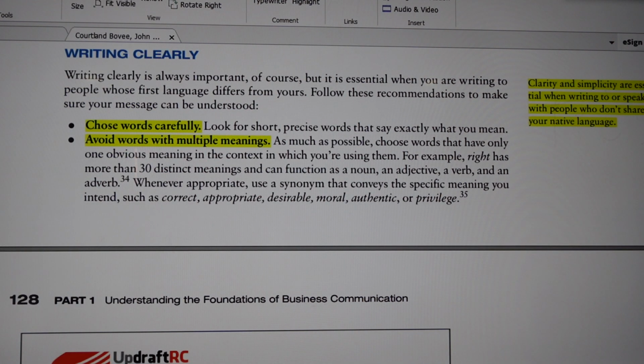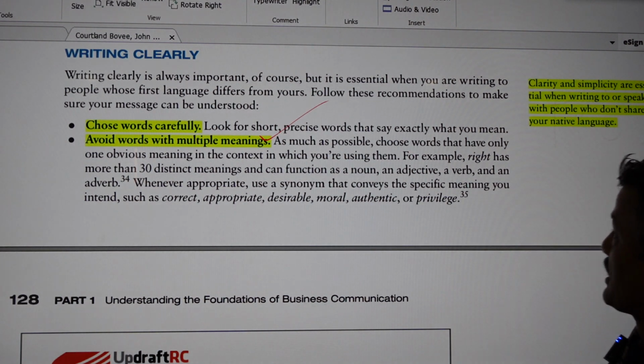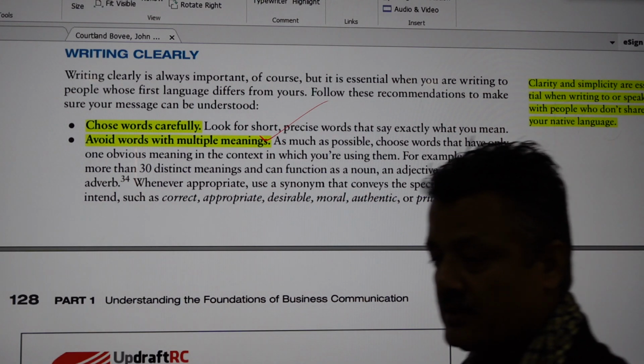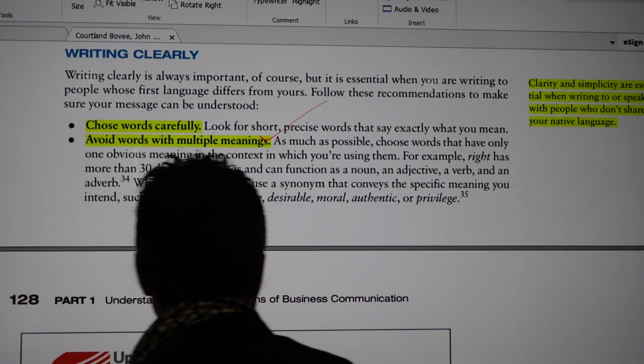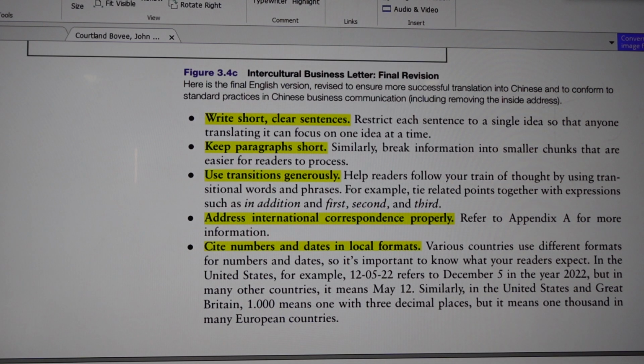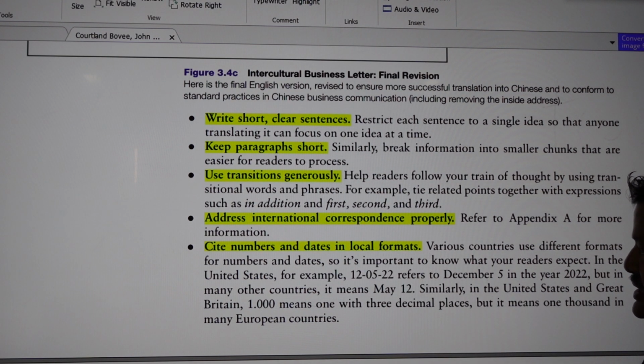Write clearly. Choose words carefully. Don't use words with multiple meaning. Right? Write clearly your message. Write short, clear sentences. Make short paragraphs. Use transitions.